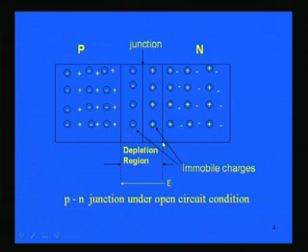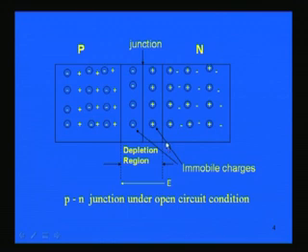So now this potential is creating a field, say E. This field will be produced, and this potential barrier will now be preventing any further movement of holes and electrons.